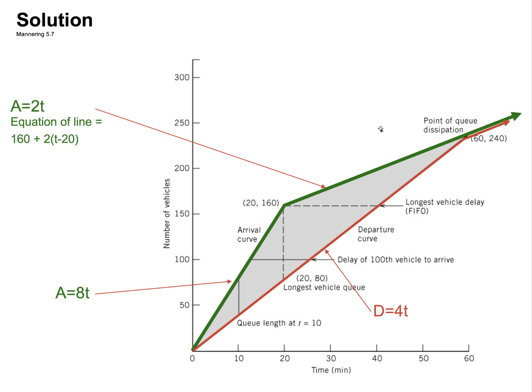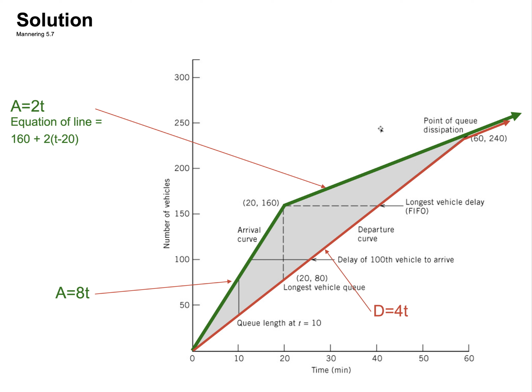And then the equation for the second component of the arrival curve is a equals 2 times t in minutes. So you can write the equation of that line as 160 plus 2 times t minus 20 for that second portion, if you like.